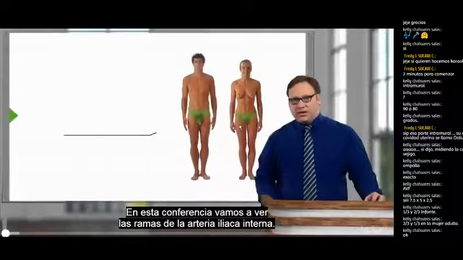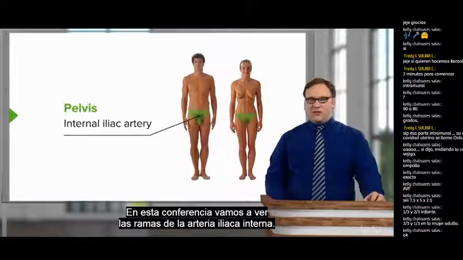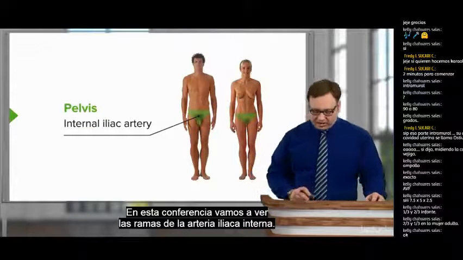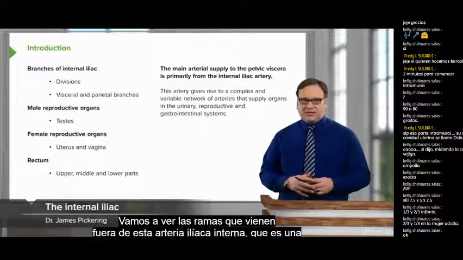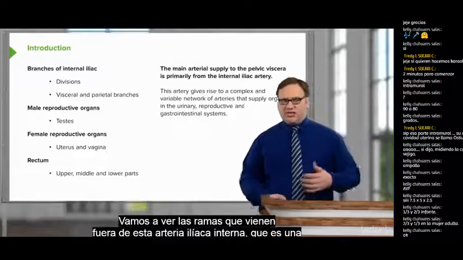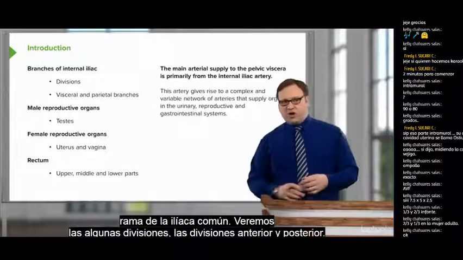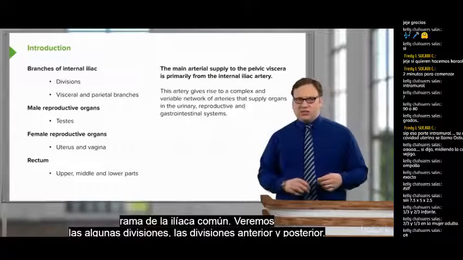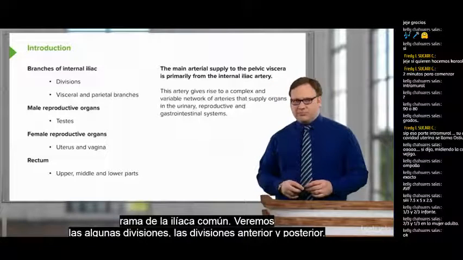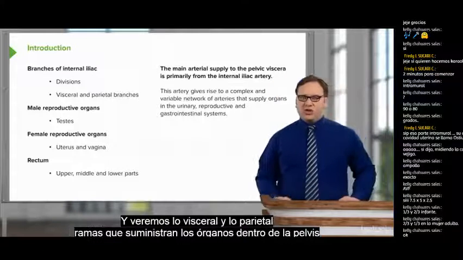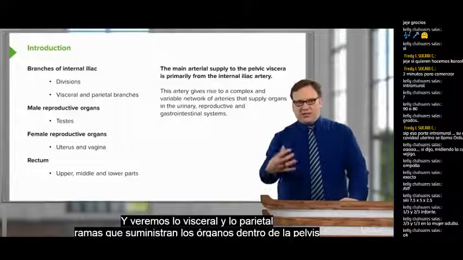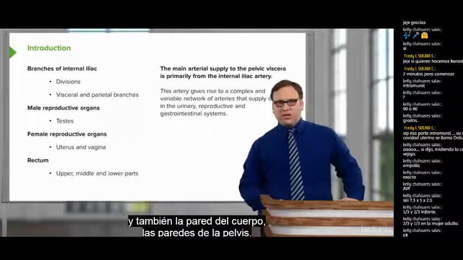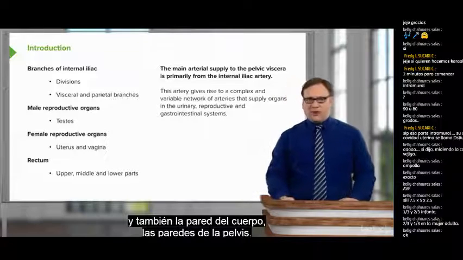In this lecture, we're going to look at the branches of the internal iliac artery. We're going to look at the branches that come off this internal iliac artery, which is a branch itself from the common iliac. We'll look at some of the divisions, the anterior and posterior divisions, and we'll look at the visceral and parietal branches that supply the organs within the pelvis and also the body wall, the walls of the pelvis.